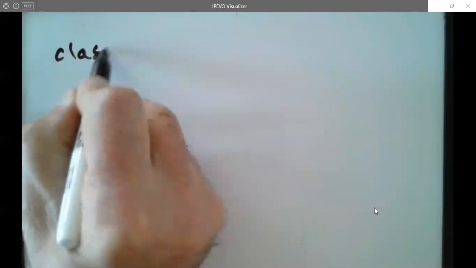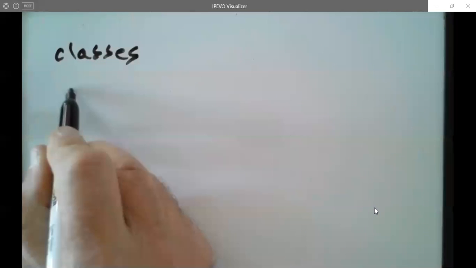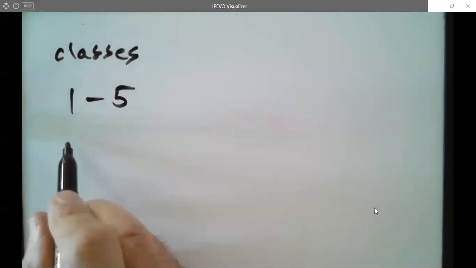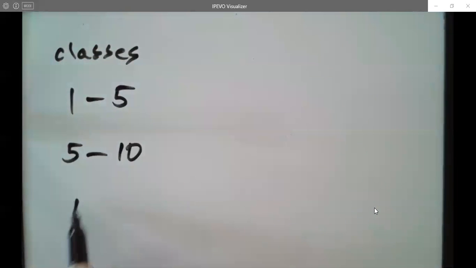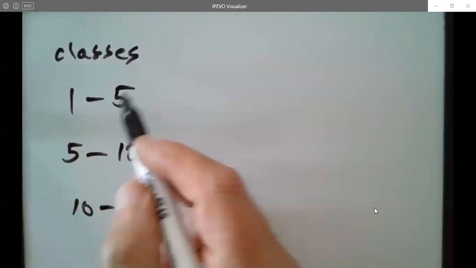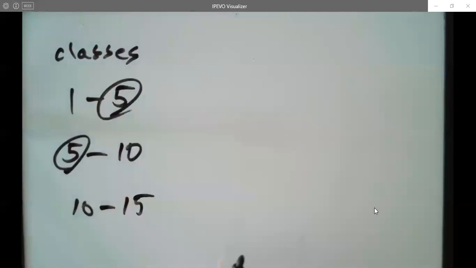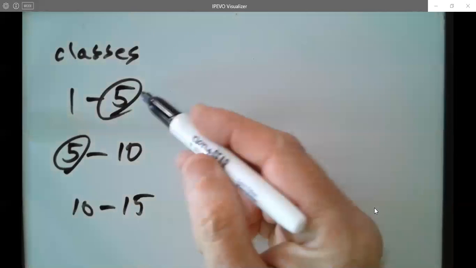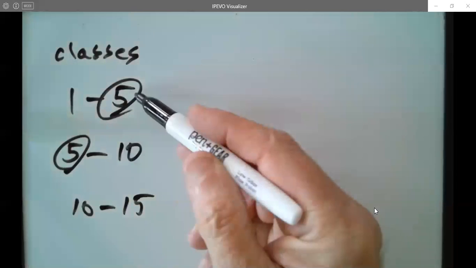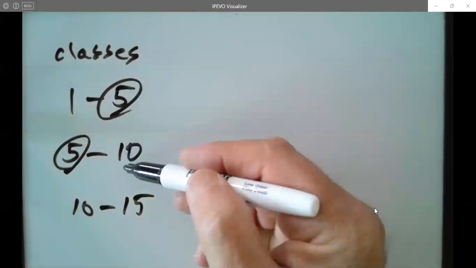For example, you don't want your classes to be like 1 to 5, 5 to 10, 10 to 15. You don't want that, because then if you have 5, you don't know which one it is going to go in.